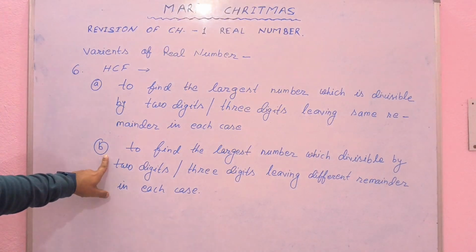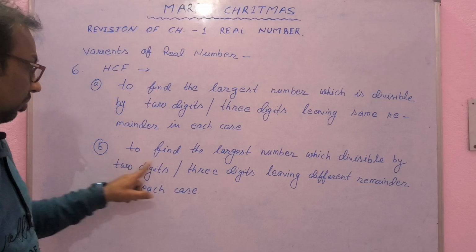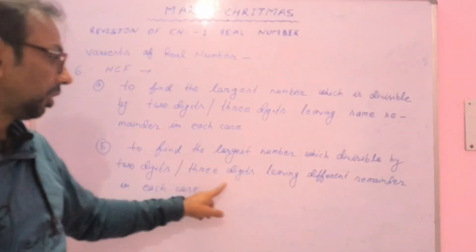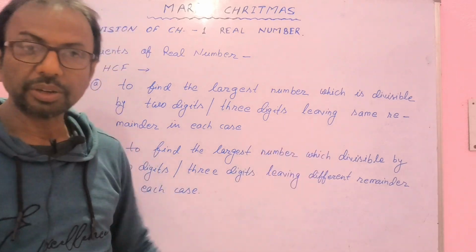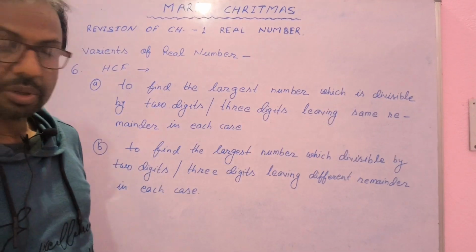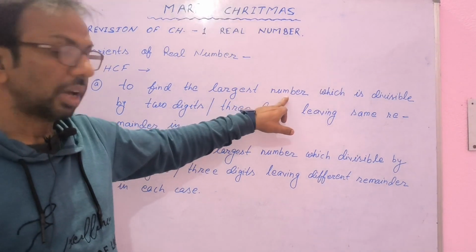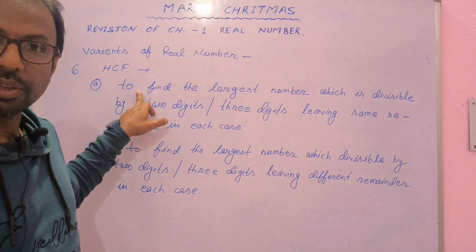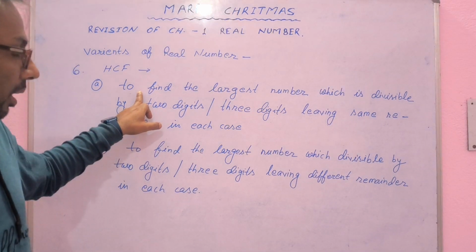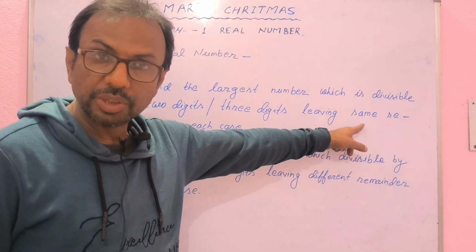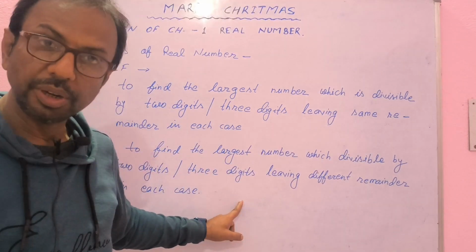And one more variant related to HCF is to find the largest number which divides 2 or 3 numbers, leaving different remainders in each case. So what is the conclusion? If you are asked to find the largest number, then you must find the HCF of those numbers. And there may be two cases: remainders may be the same or remainders may be different.